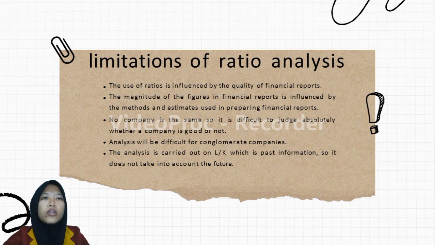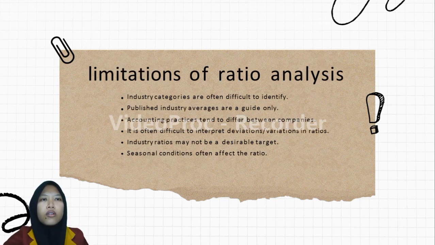Next, limitation of ratio analysis. 1. Industry categories are often difficult to identify. 2. Published industry averages are adequate only as rough guides. 3. Accounting practice tends to differ between companies. 4.